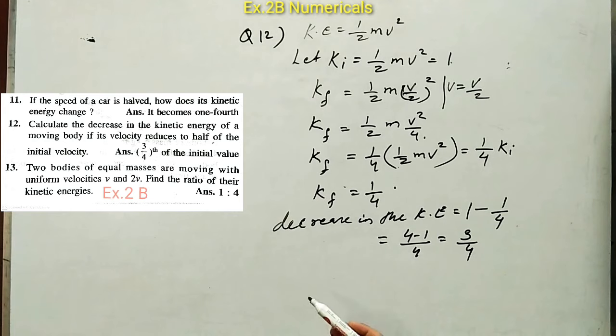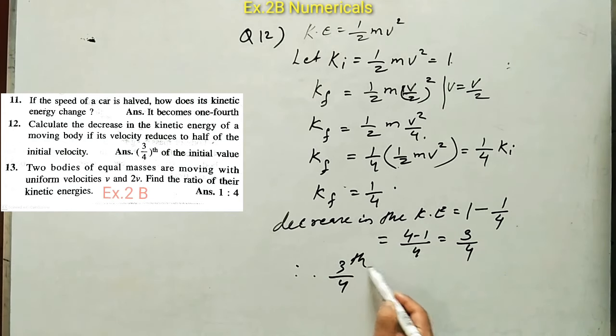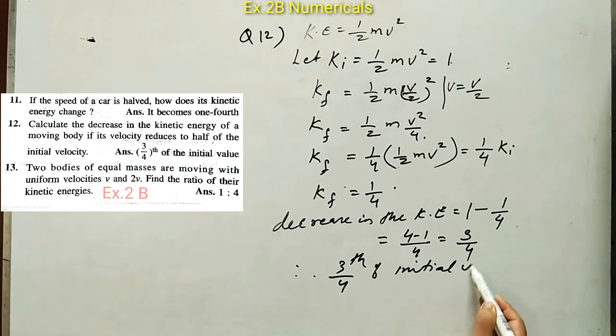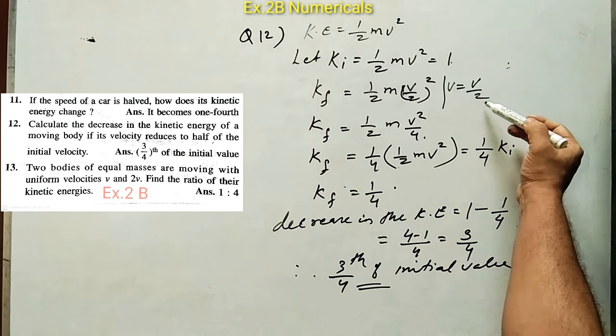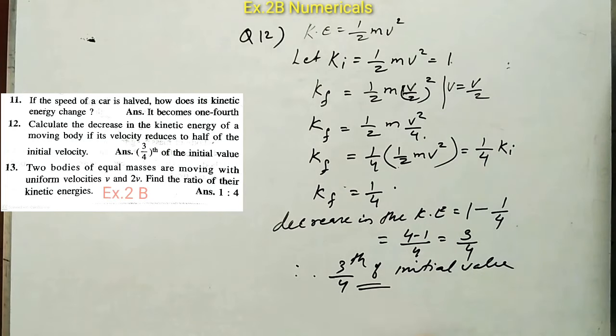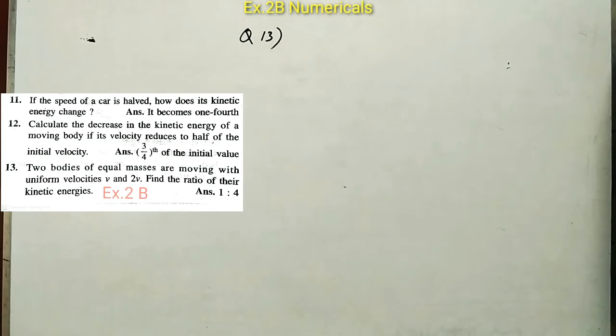So I can write the decrease in kinetic energy is 3/4 of initial value. So this is the decrement in kinetic energy when the velocity is reduced to half of initial value. Clear? Okay.